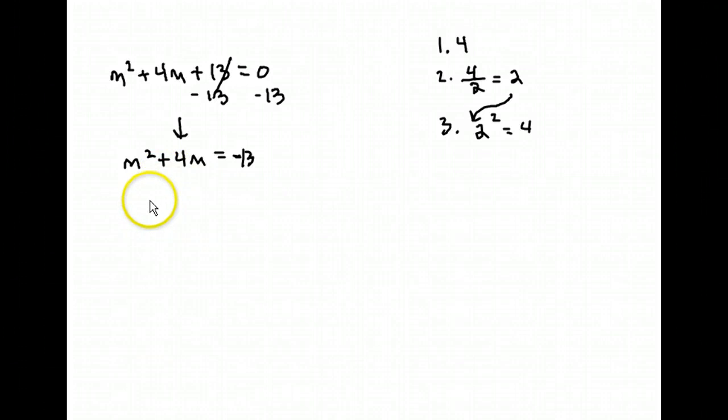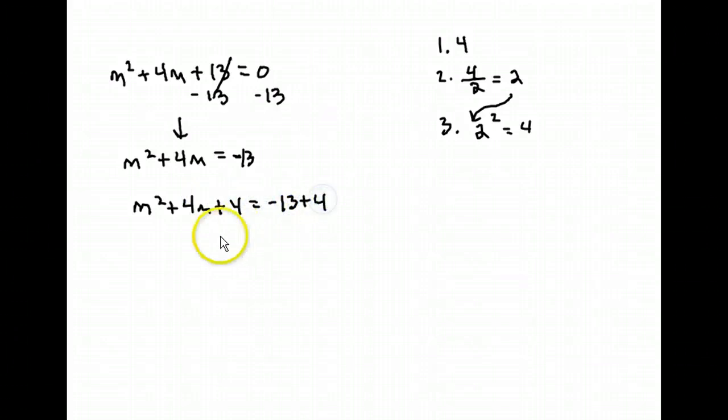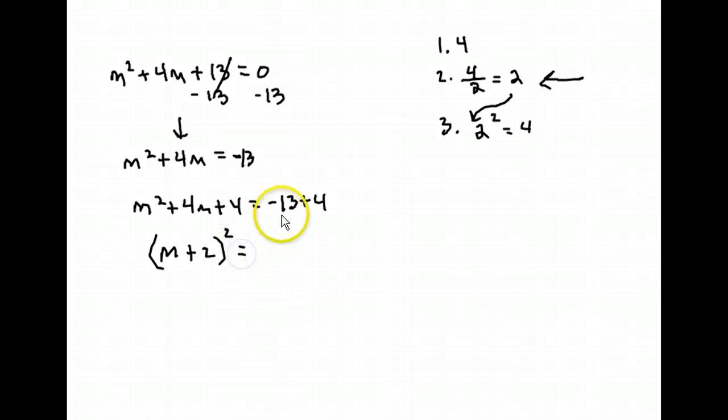So what you'll end up having is m squared plus 4m plus 4 equals negative 13 plus 4. So what you've just completed was a perfect square, and it always is what you get in step 2. So it's going to be m plus 2 squared equal negative 13 plus 4 will give us a negative 9.